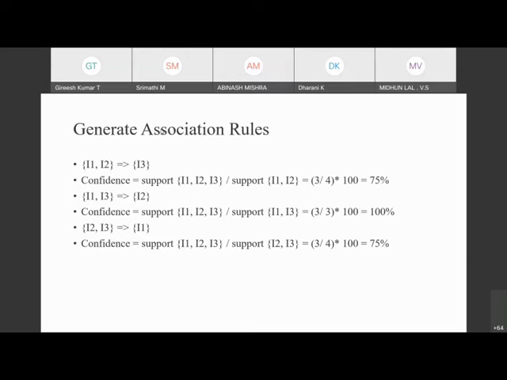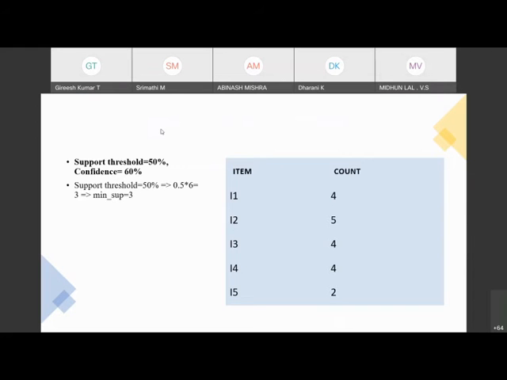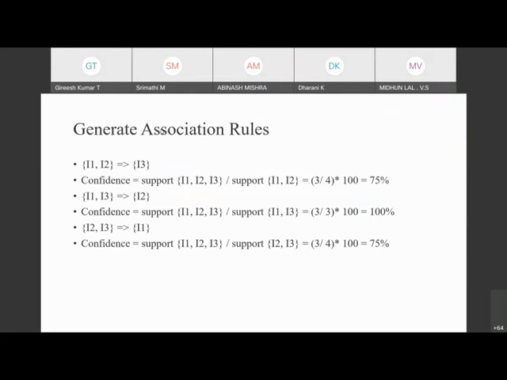Now you have to see how you are going to find what rules are needed for the next level. Initially we fixed our confidence, a confidence of 60%. Now for each and every rule you have to calculate the confidence. So here, I1, I2 implies I3.